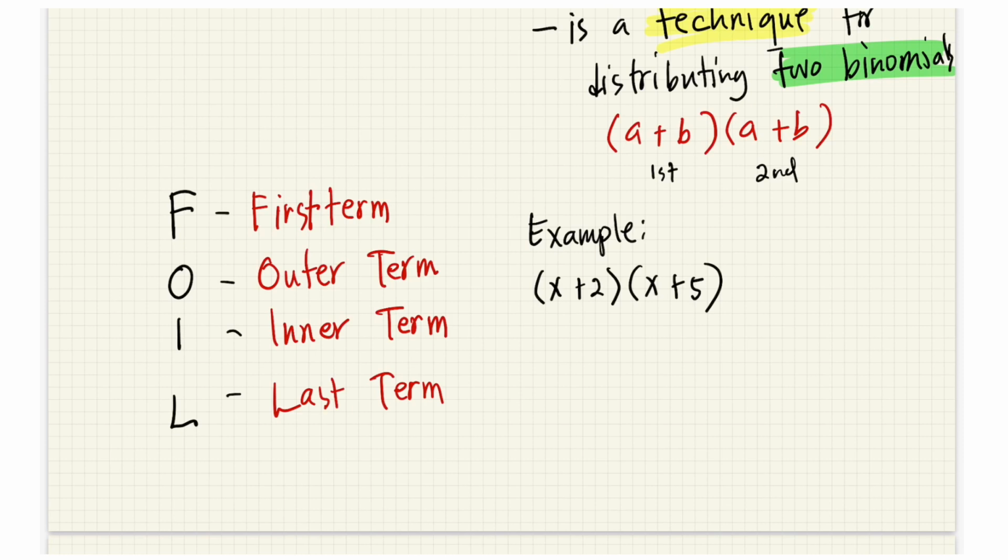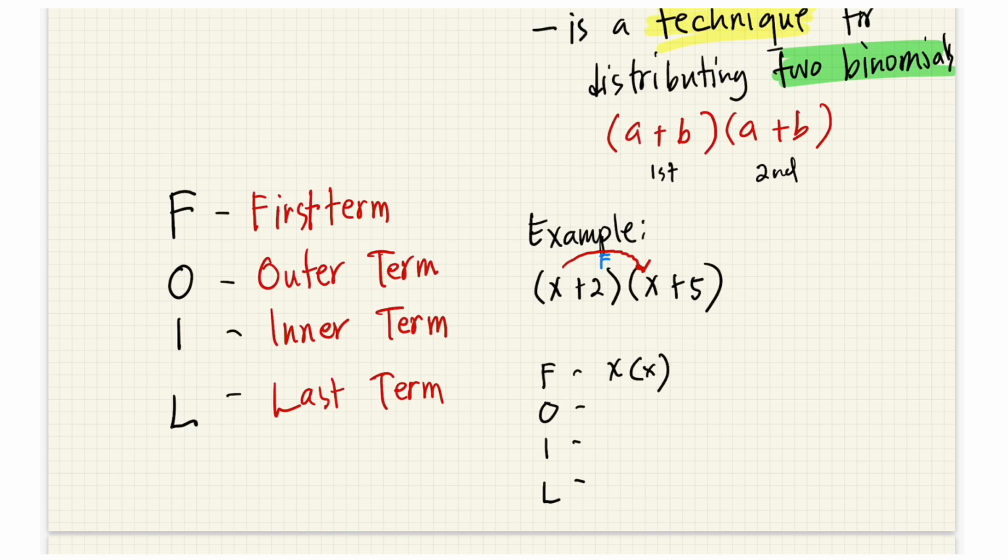Now we're going to write here F-O-I-L. F stands for the first term: the first term of the first binomial and the first term of the second binomial. This is our F, so it would be x times x.